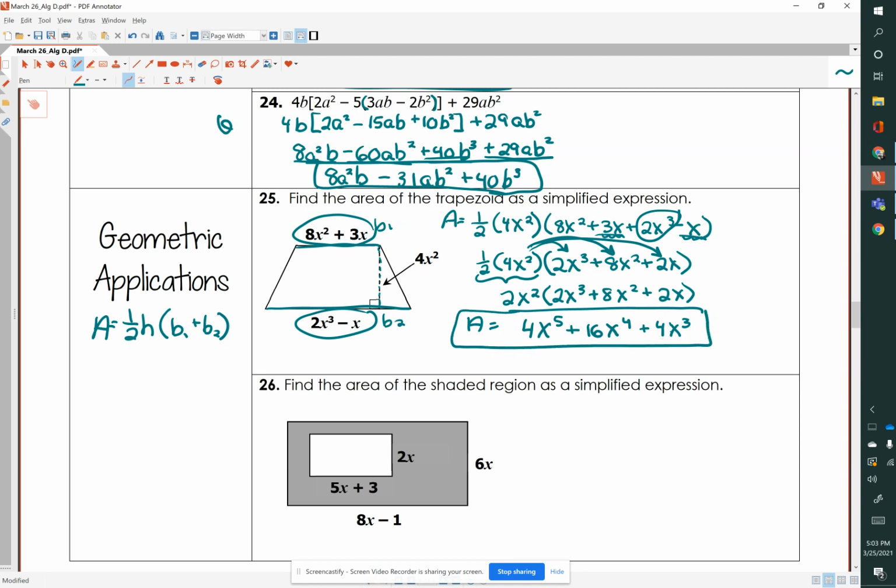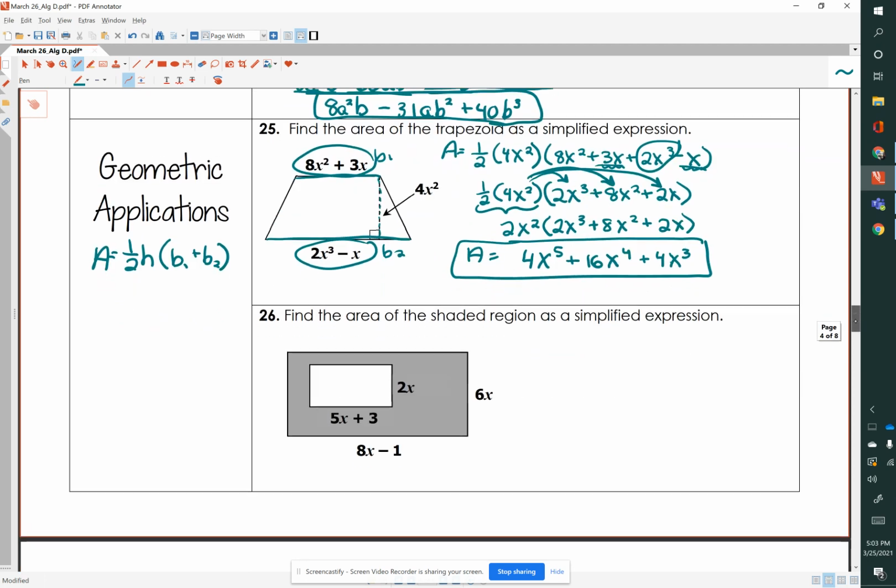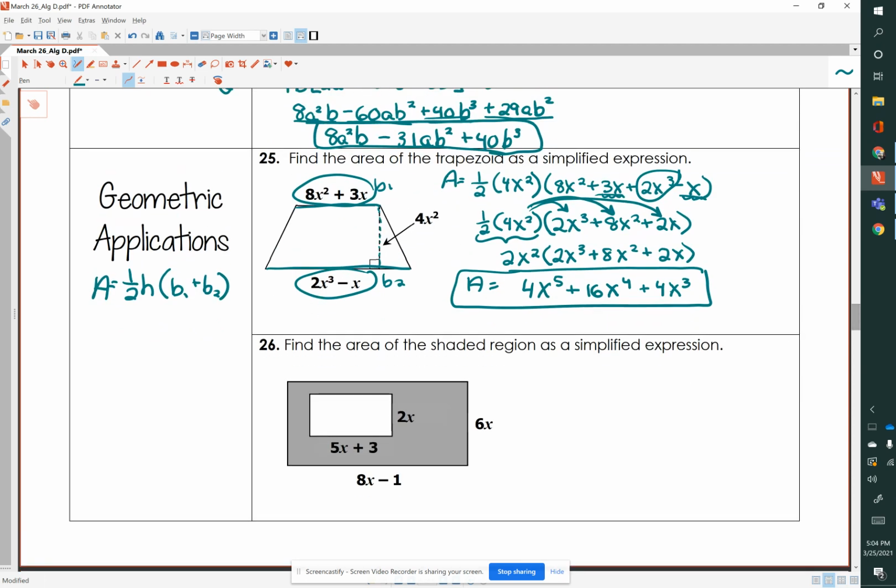Now, we have a clever problem here at the very end where we're asked to find the area of the shaded region only. So here's our strategy. Our strategy is we're going to have the area of the outside, or the outer shaded area, minus the area of the inner area, let's say the inner rectangle.